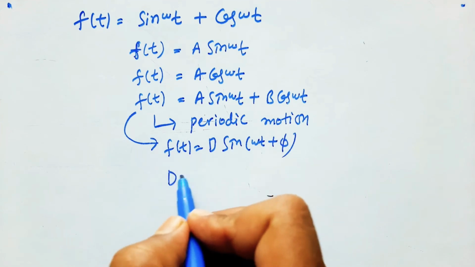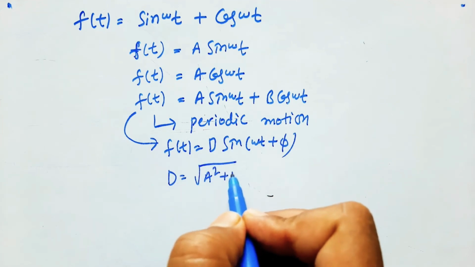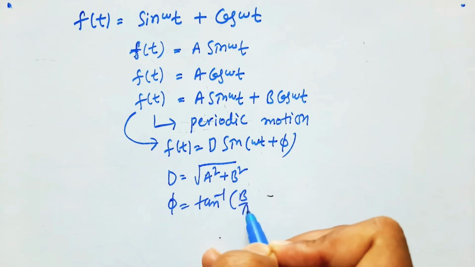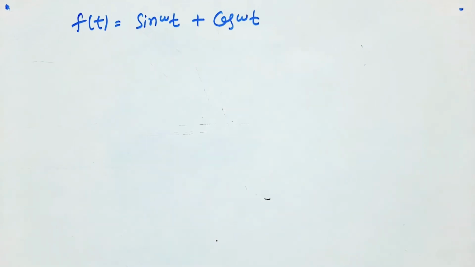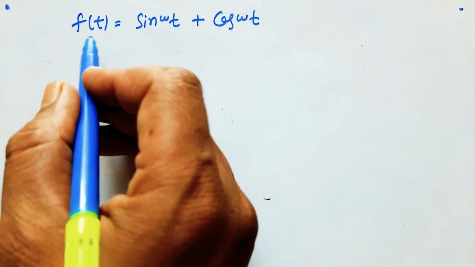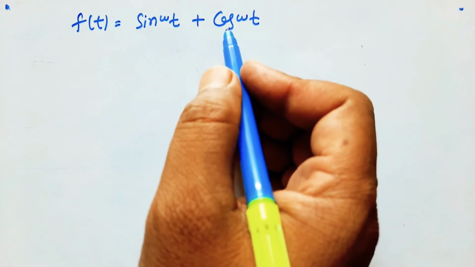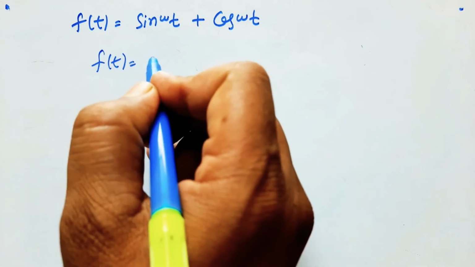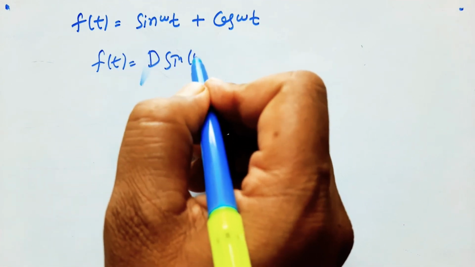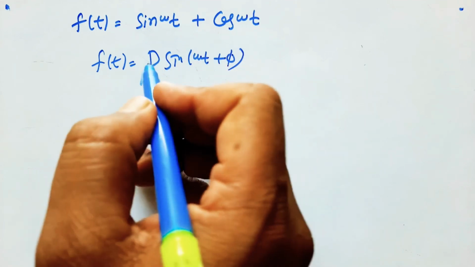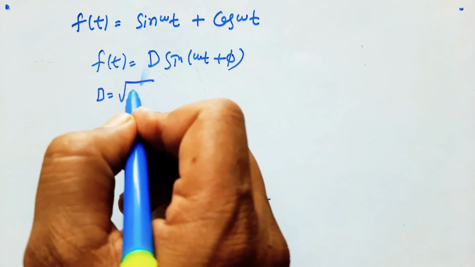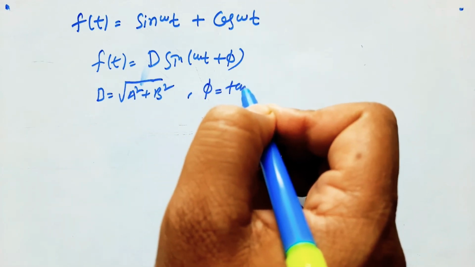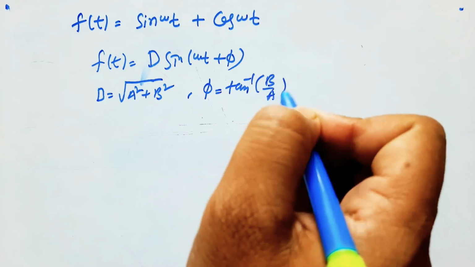Here d is equal to the square root of a square plus b square, and phi is equal to tan inverse b by a.